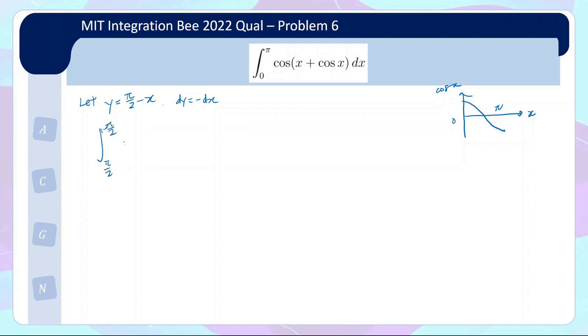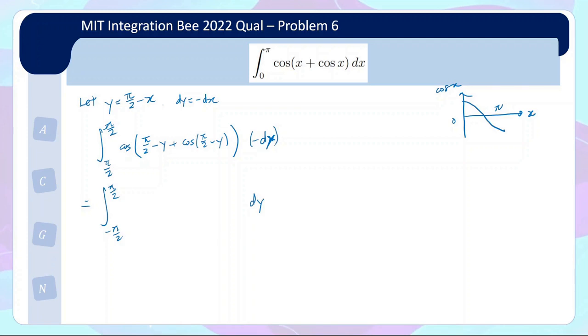And then cosine of x, where x is pi over 2 minus y, plus cosine of pi over 2 minus y, and then minus dx, or rather minus dy. So I'm going to use the minus to flip the range of the integral. So now this is from minus pi over 2 to pi over 2, and then I have my dy.